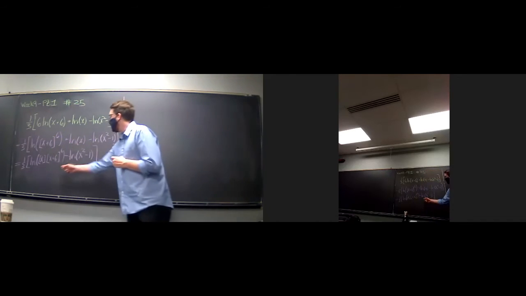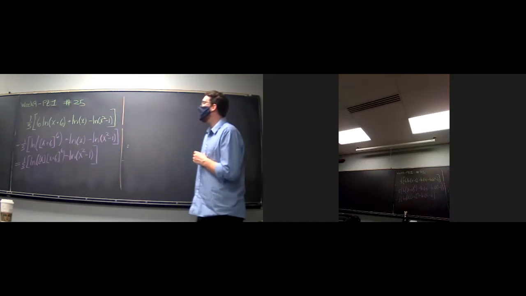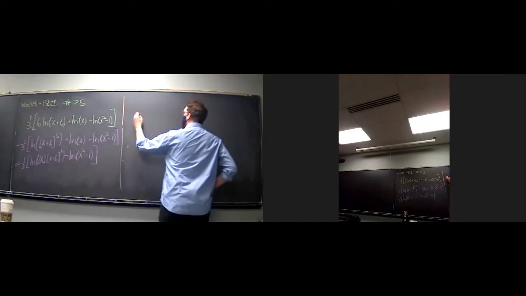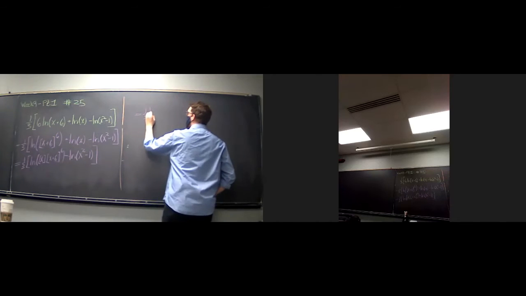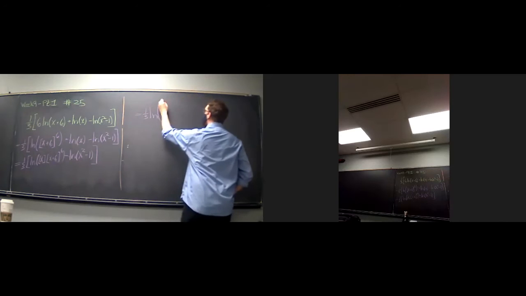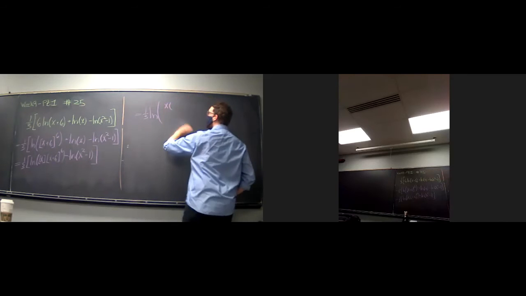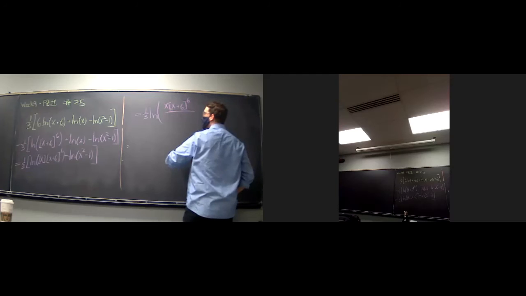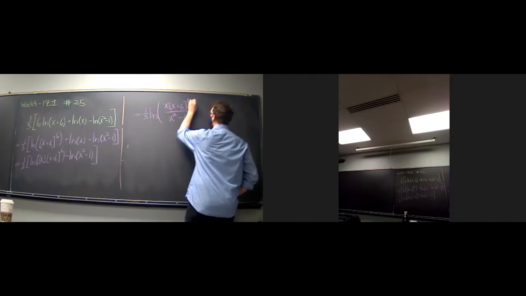And now, using the division property of logarithms, I would combine these two terms to get 1/3 the ln of, this is going to be a giant beast, x times x plus 6 raised to the 6th divided by x squared minus 1.